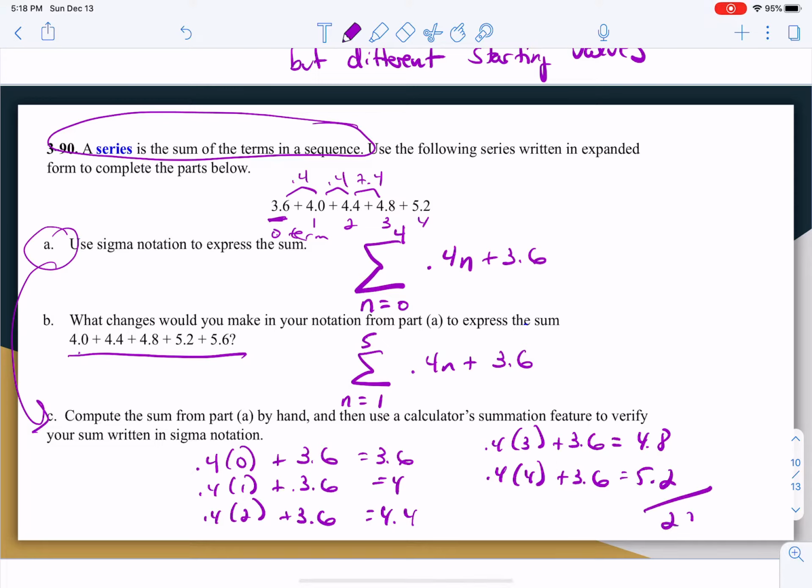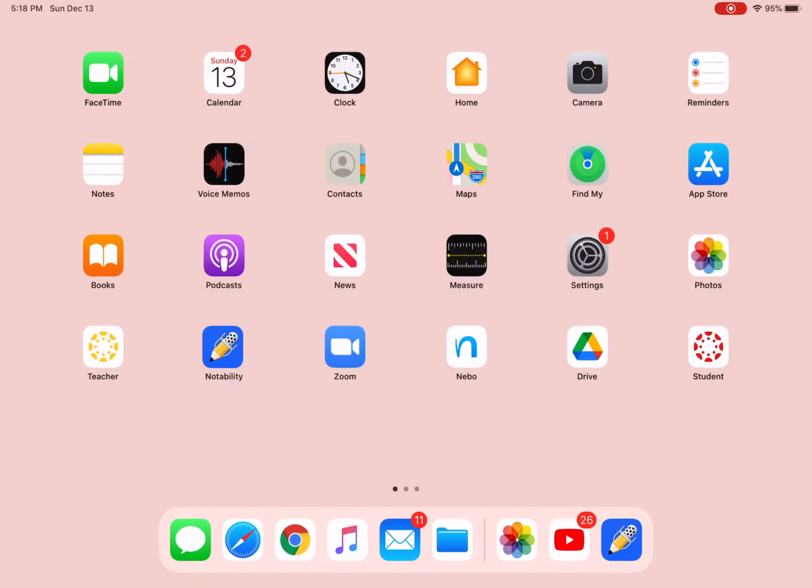Adding those up, I do get 22. So let's go back and double check that on my calculator.